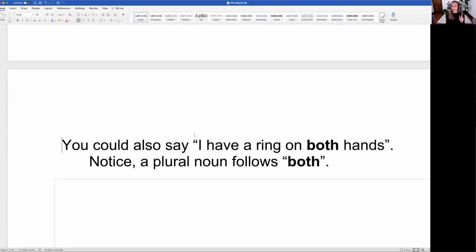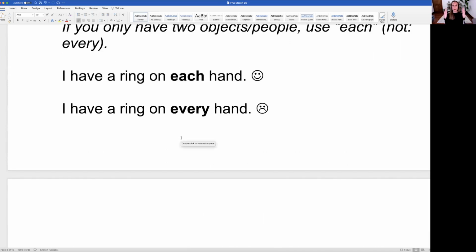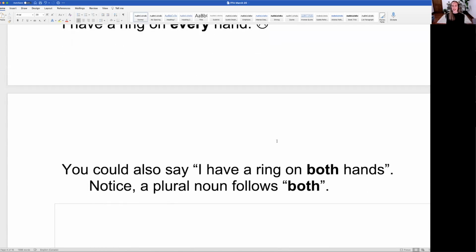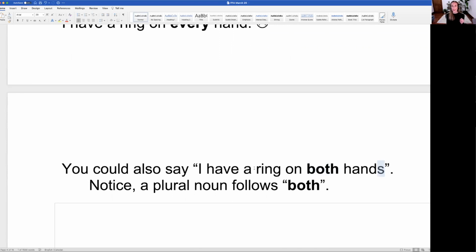Now, you could also, I have a ring on each hand. You can say that, but I could also say I have a ring on both hands. Now, notice here, when I use both, you are putting an S on the noun. So with both, you have a plural noun that follows.